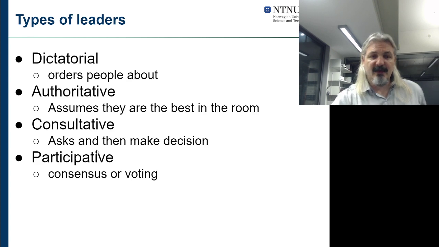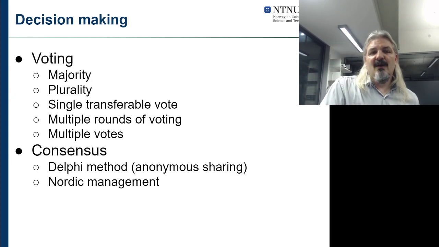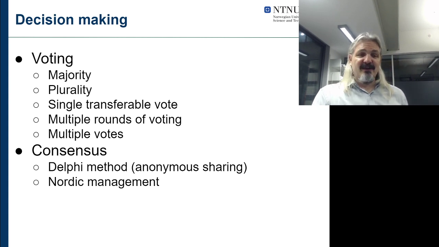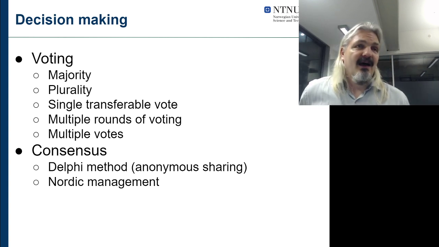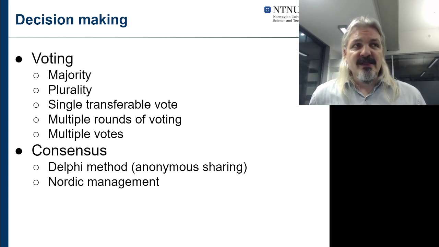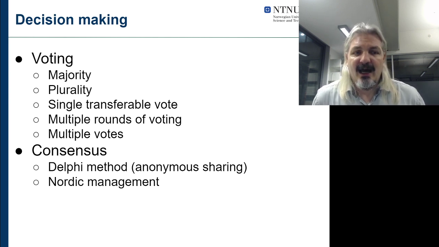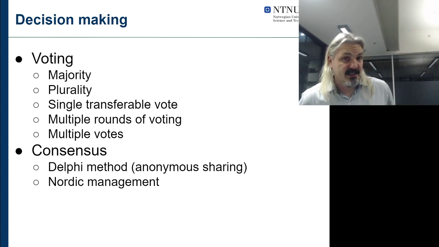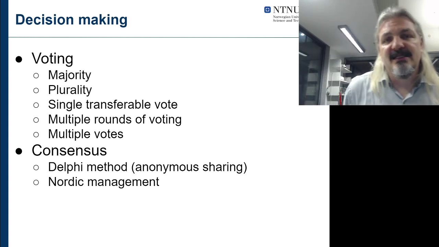So, if we have a look at participatory and consultative, we have this idea of voting. Now, one of you mentioned democracy. There are many forms of democracy, but the principle is generally that there is a majority voting system. And so within voting, you can have a majority system where you have to get more than 50% of the votes, right?